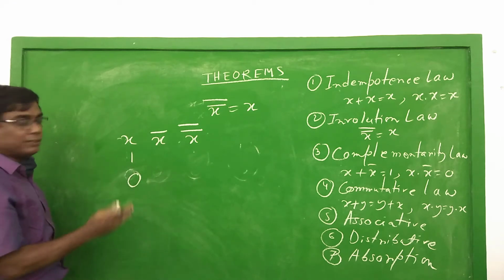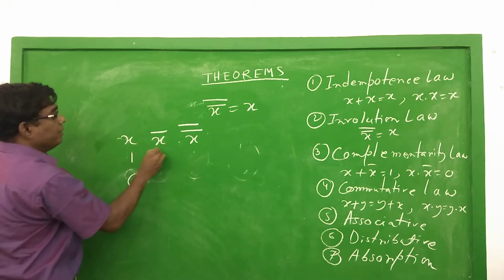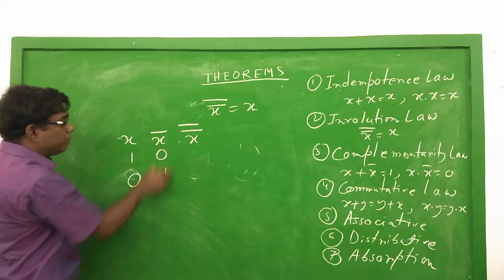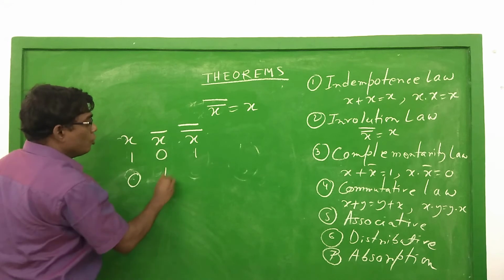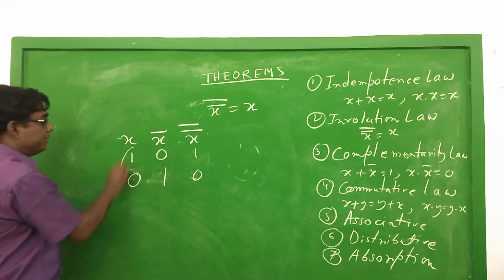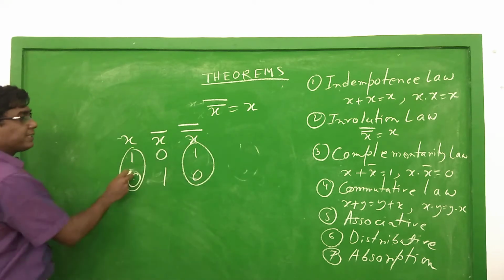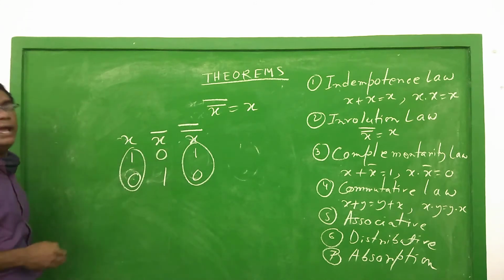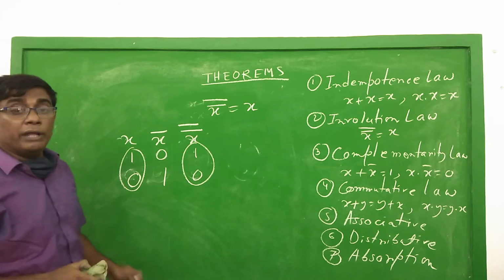X complement means opposite of x: 1, 0, 0, 1. Again we calculate the complement of this portion: 0, 1, 1, 0. The truth values of this and this are the same, so we can prove x complement complement equal to x. This is involution law.